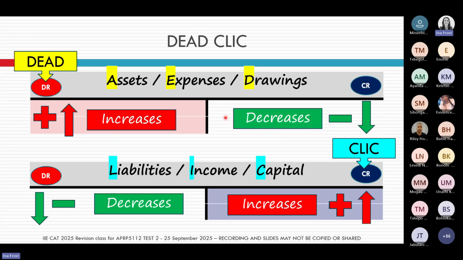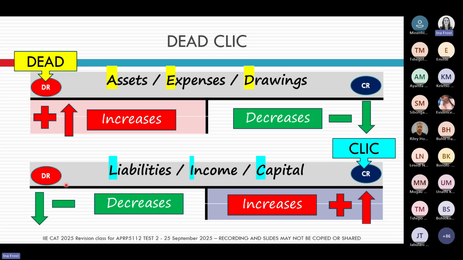If I want to decrease an asset, an expense, or drawings, then I have to credit the account. And for a liability, income, and capital, those increase in the credit column and the decreases are in the debit column. So I'm sure your lecturer showed you this debit click rule in first semester.